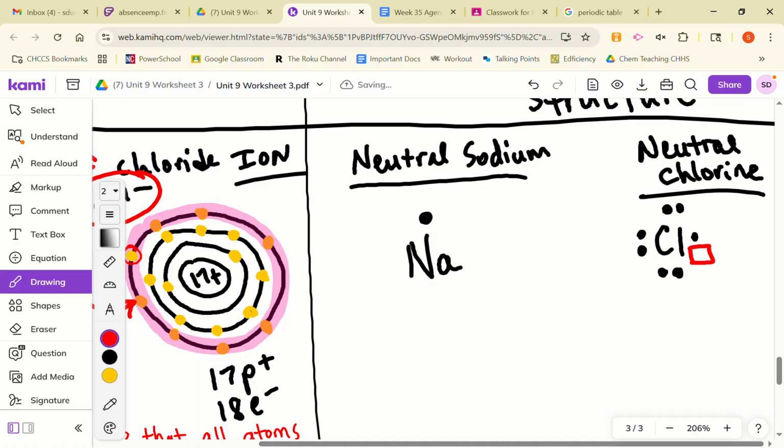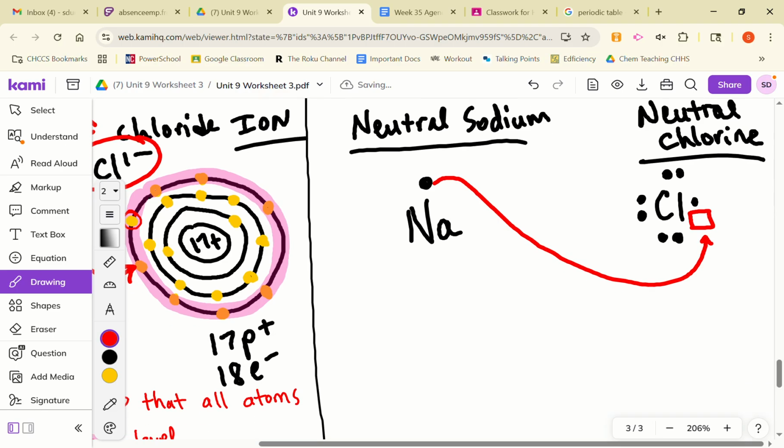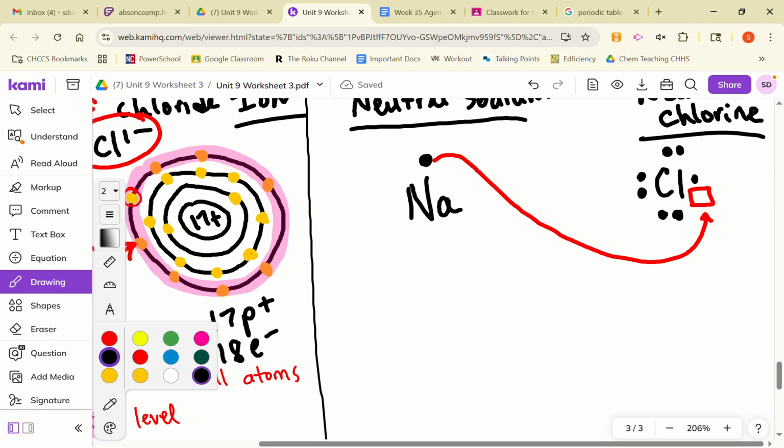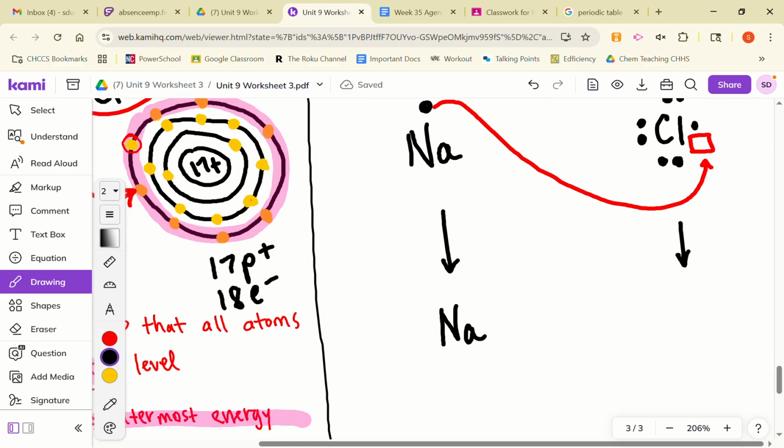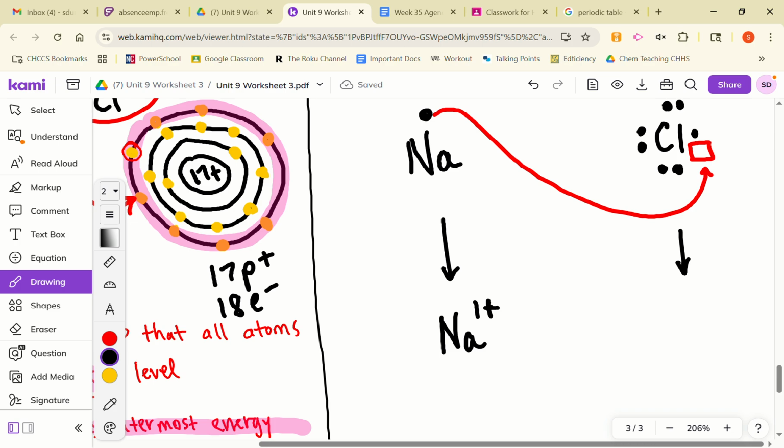Like we did in the Bohr diagram, the sodium is going to come in and fill this empty spot. When it does that, I'm going to draw a before and after diagram. Sodium becomes 1 plus because it lost that electron. And chlorine is going to have a total of 8 electrons.